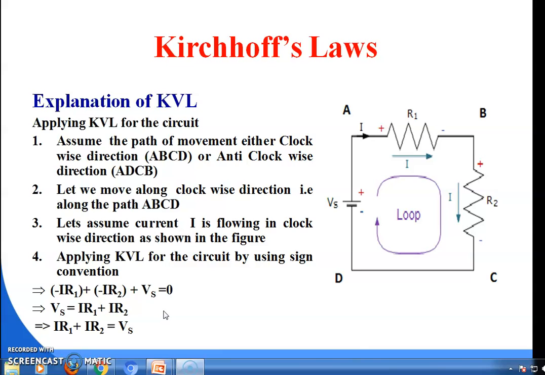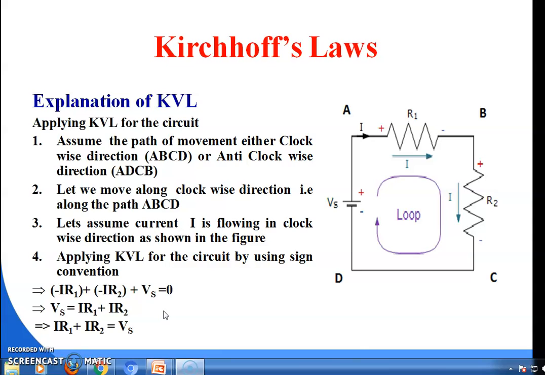That means the summation of all incoming currents is equal to the summation of all outgoing currents. Similarly, Kirchhoff's voltage law states that the algebraic sum of voltage in any closed path of a network is 0.